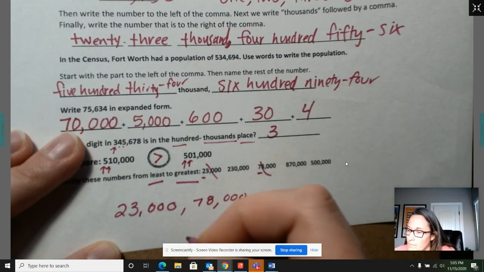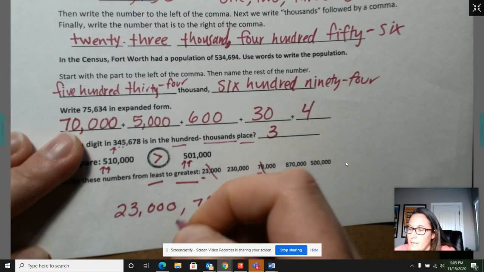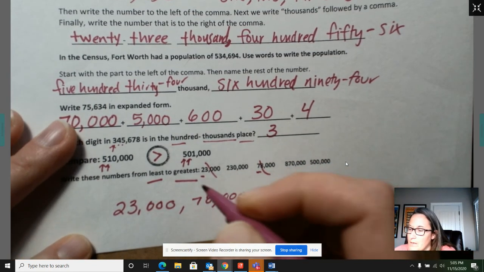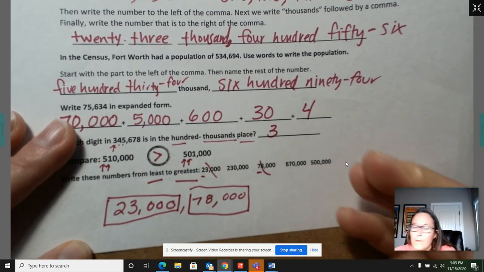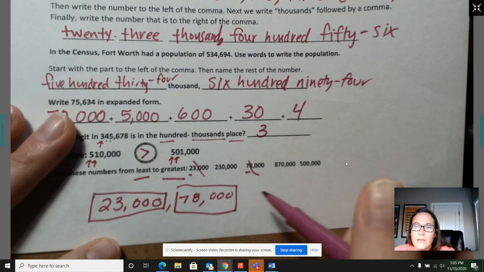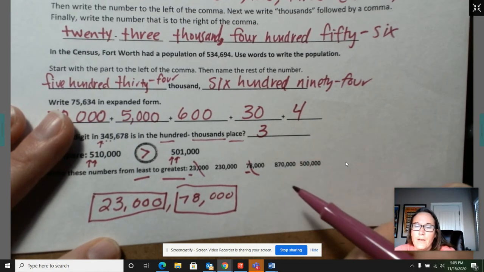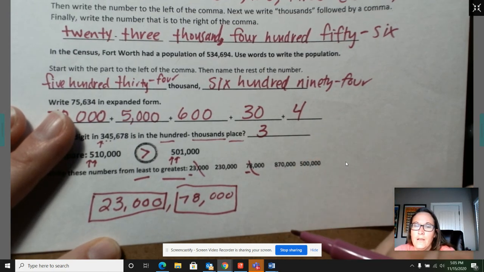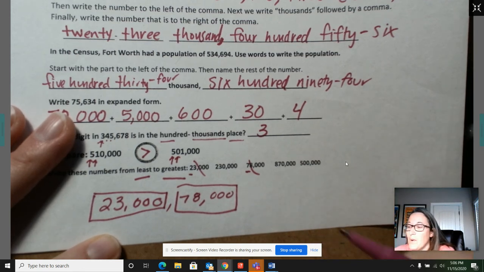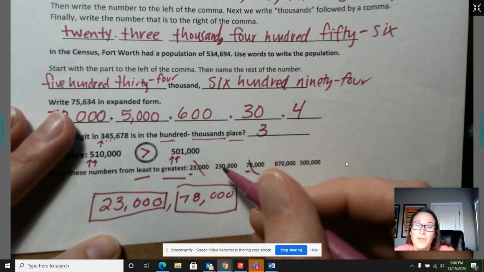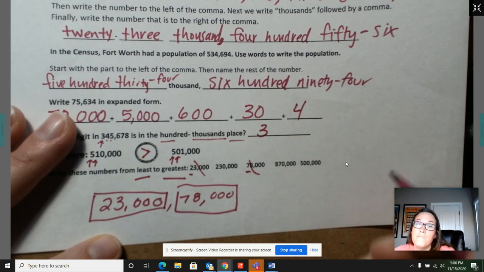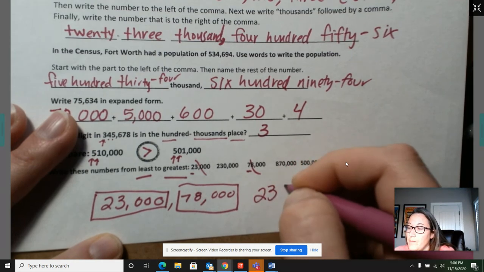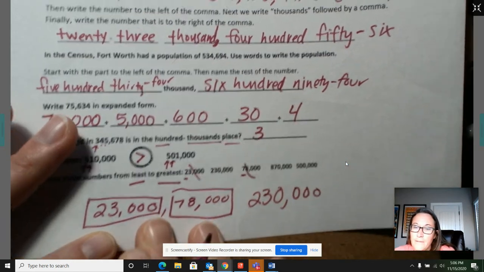Okay. I need to split these up a little bit because I have that comma there. It makes it look. Let me do it like this. After 78,000, so we got 230,870,000, or 500,000. So if I'm just looking at the first part of those numbers, which do you think? 230, 870, or 500? 230,000.